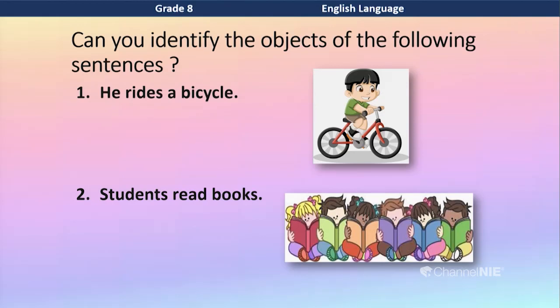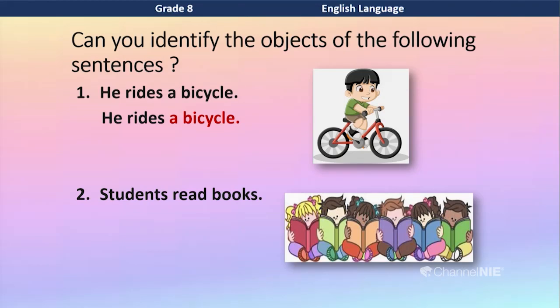Can you get the object? What does he ride, Miss? A bicycle. A bicycle, yes. So, in this sentence, the object is a bicycle. Don't drop a because it is also a part of the object, right? So, a bicycle is the object.